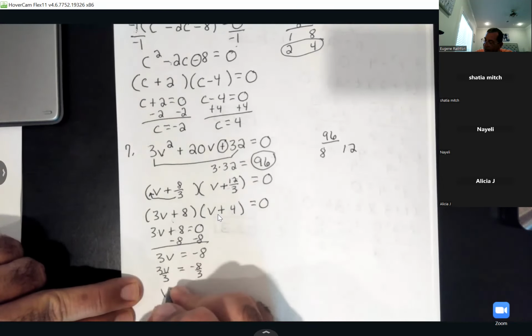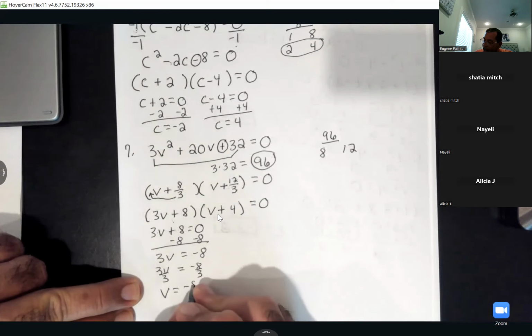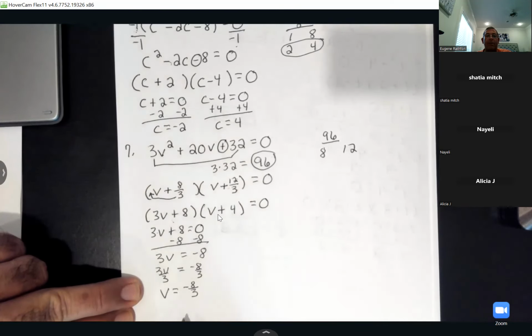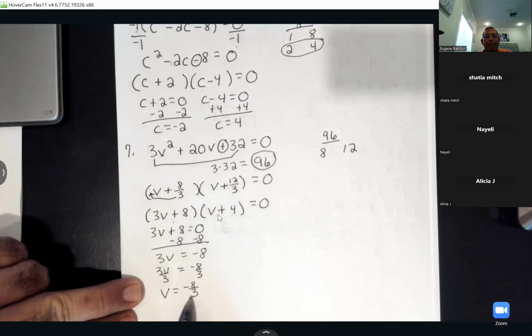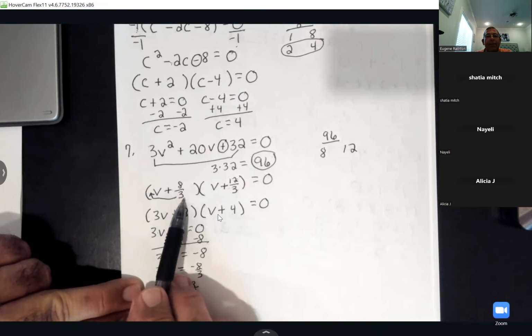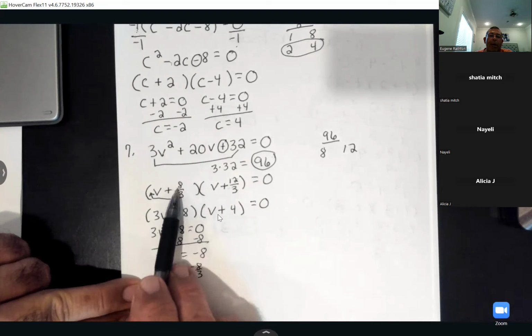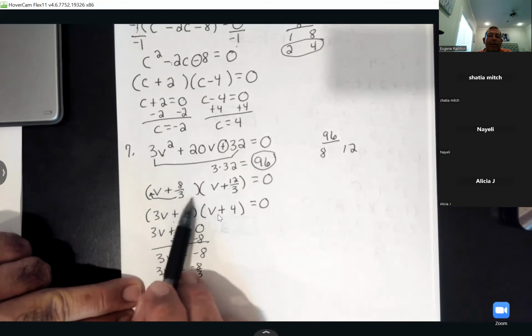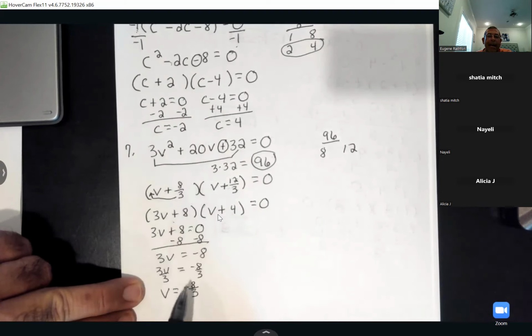So the 3's cancel, and I get my first answer is a -8/3. Y'all check this out. My answer was a -8/3. Look, when I first factored it, my fraction was a +8/3. So once you get it to this point and you can't simplify the fraction, if you change the sign, you got one of the answers.